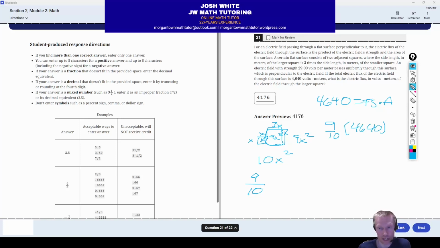So you just multiply 9/10 times 4640 and you get 4176 and get the same answer. That's how you could figure this out, because again, it's just proportional to the area. So of your total flux, 4640, 90% of it will go through this large square and 10% of it would go through this small square. So 90% of 4640 is 4176. That's how you could figure it out basically in just one step.